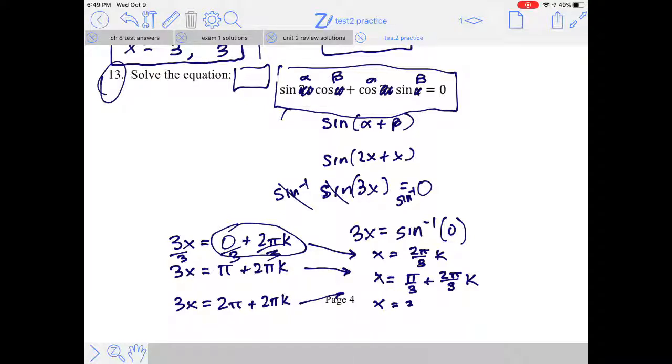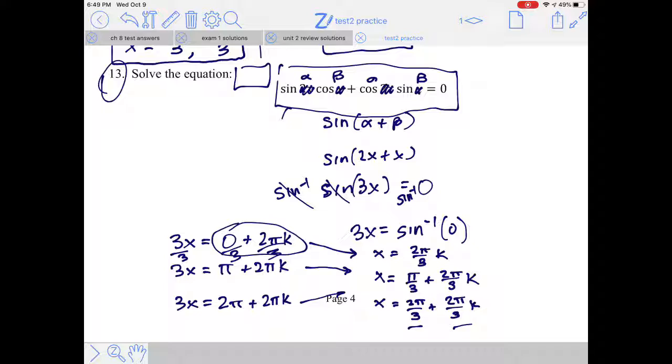And then x equals 2 pi thirds plus 2 pi k over 3. This is not a like term with that because that has an extra factor there. Good question though. And that's it.